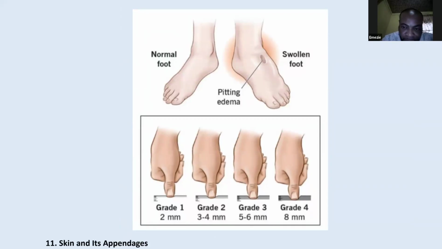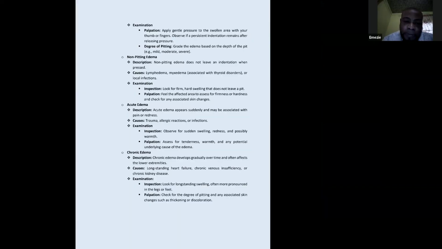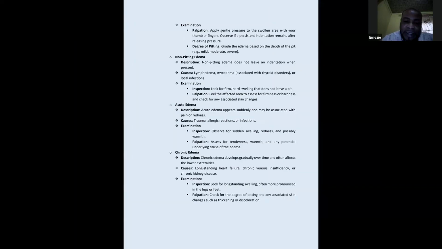When we see that, it tells us that it is pitting edema. When we press and it doesn't go in, the press didn't depress, we say it is non-pitting edema. The causes are different.